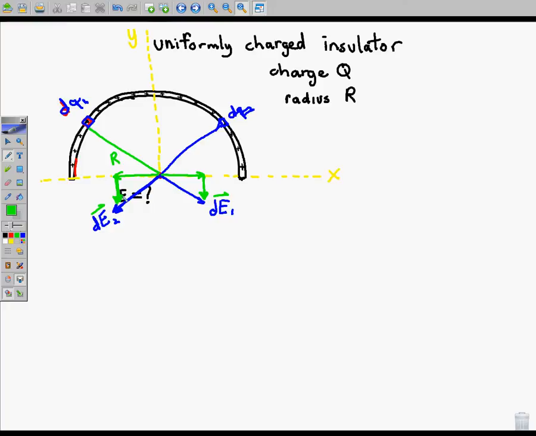Yes? So if I call these right here dEx and dEy, we know that the total electric field is the sum, the integral, of all of the little pieces of electric field, all the dEs.